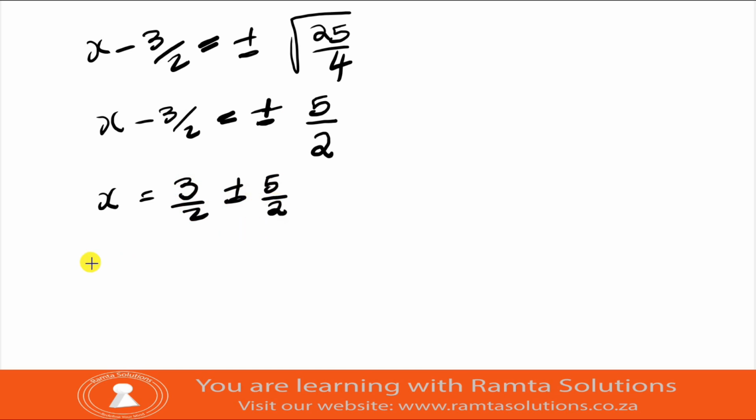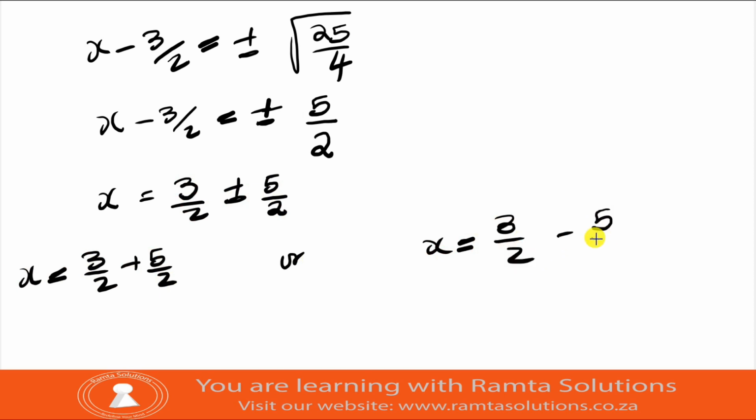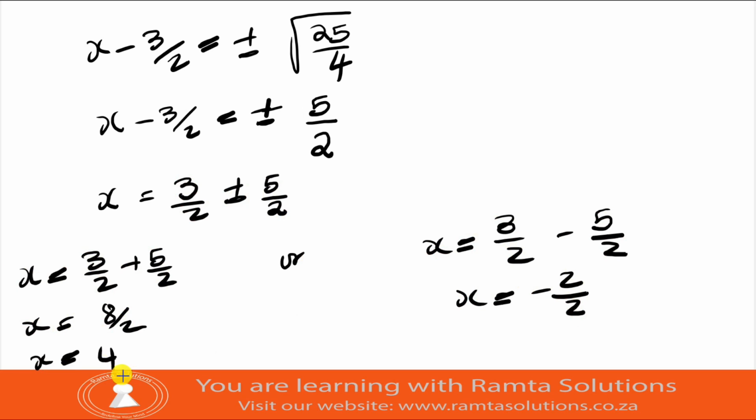Our values are basically x equals 3 over 2 plus 5 over 2, or x equals 3 over 2 minus 5 over 2. This one here looks like it is 8 over 2, while this one here looks like it is minus 2 over 2. Our answer here is 4, while our answer here is negative 1.